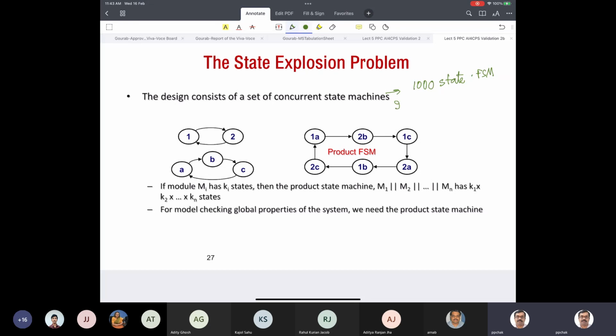And I will have 2,000 such pieces of code. You can imagine how much an aeroplane code will be, how much the code of an autonomous vehicle will be, etc. So the total number of states will explode to 2,000 to the power 1,000, isn't it? Or 1,000 to the power 2,000. What to the power what?